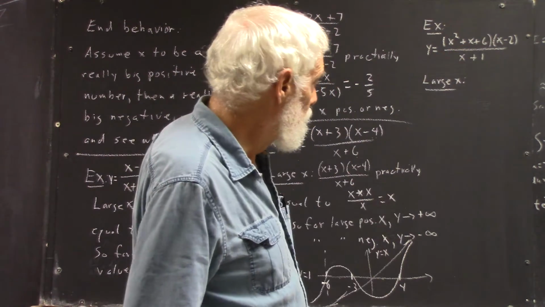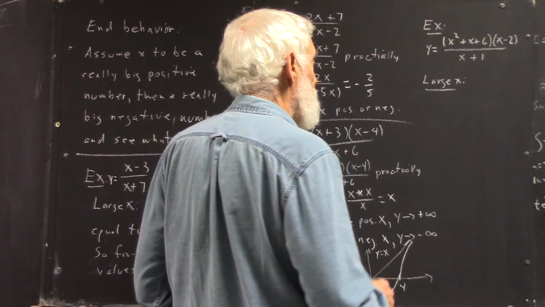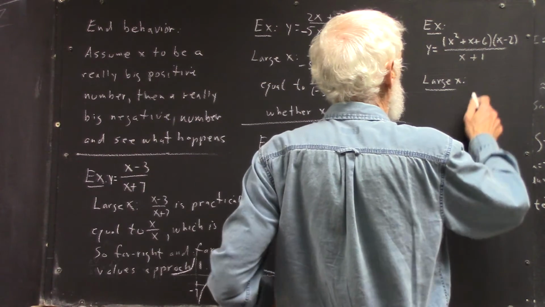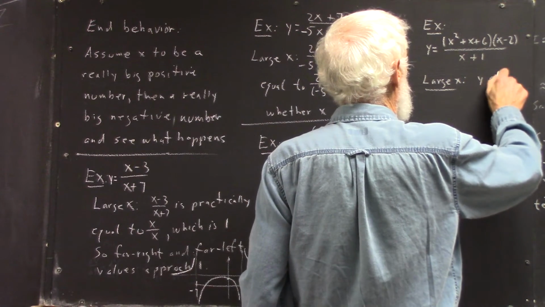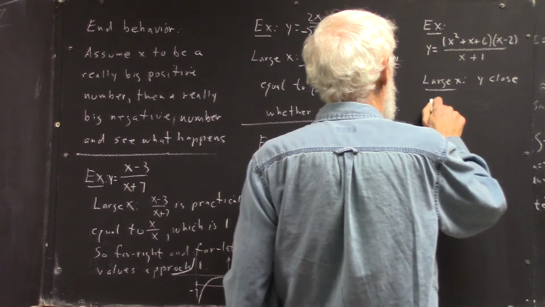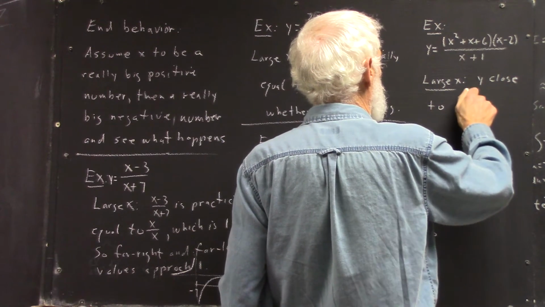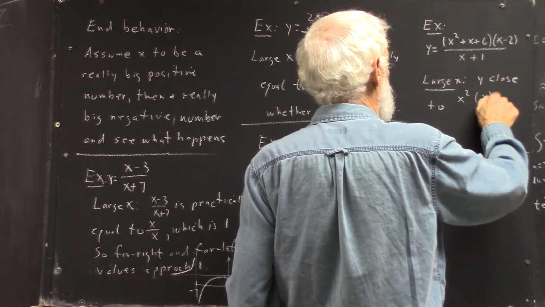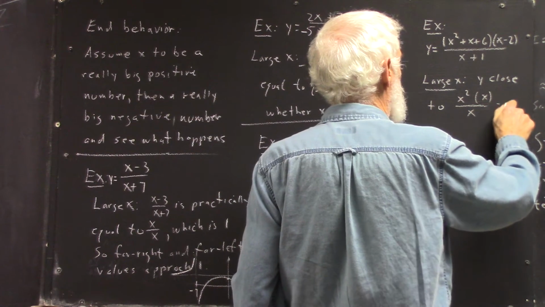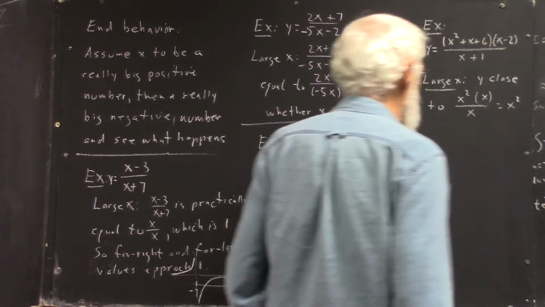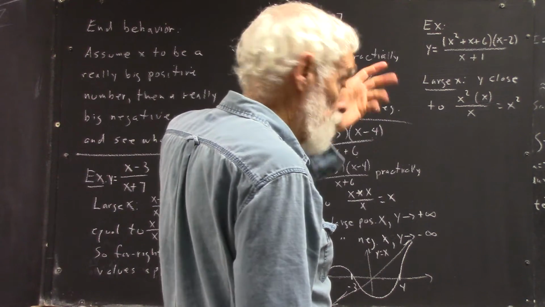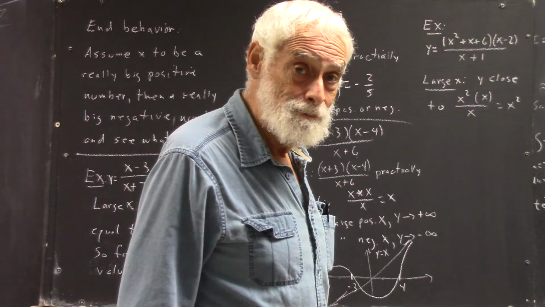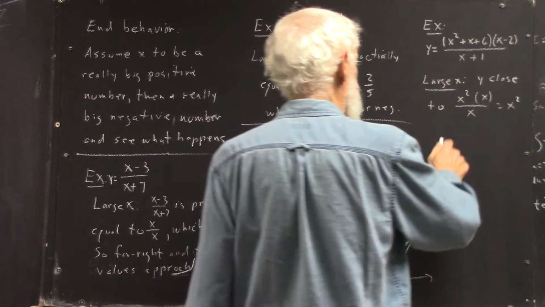So the idea is then that for large x, y is going to be close to x squared times x over x, which is x squared. Okay? Positive.